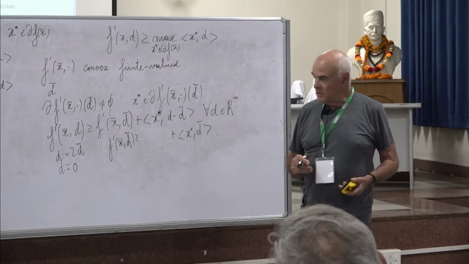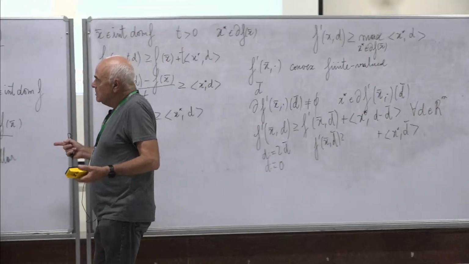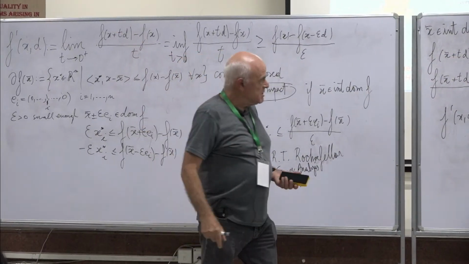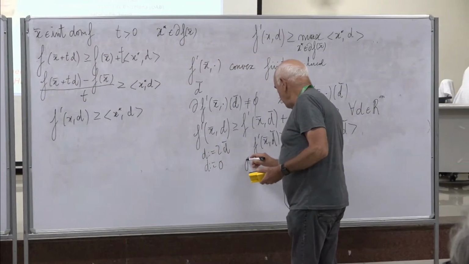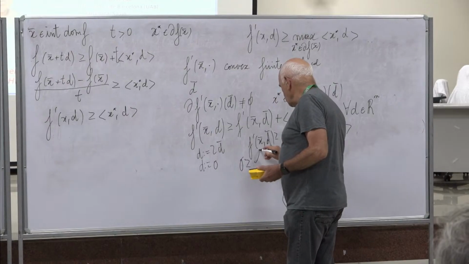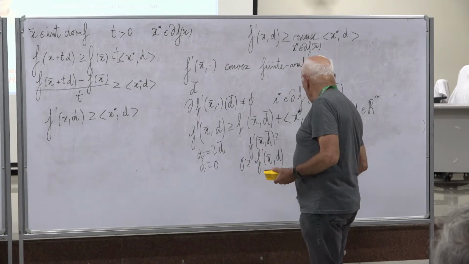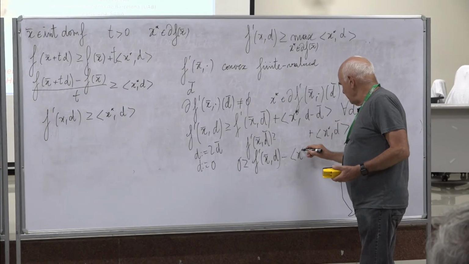For d equals 0, the directional derivative is clearly 0. So you get 0 greater than or equal to f'(x bar, d), with d being 0, minus x star d bar.